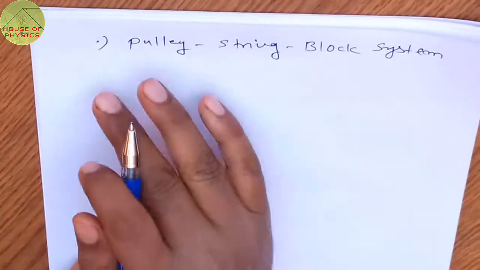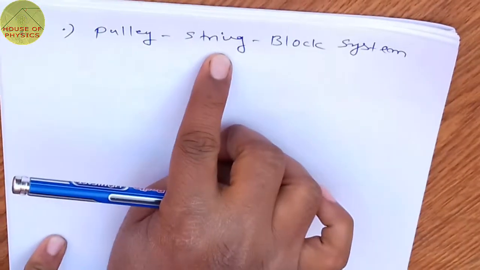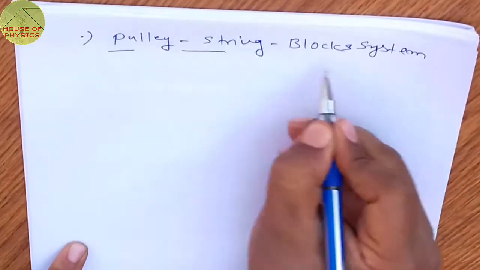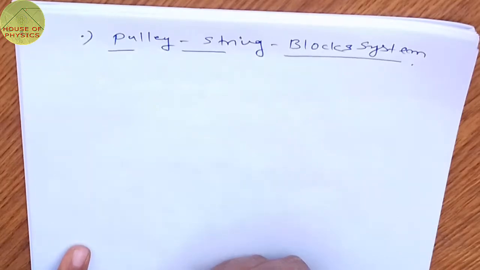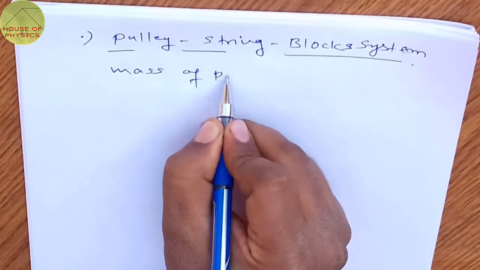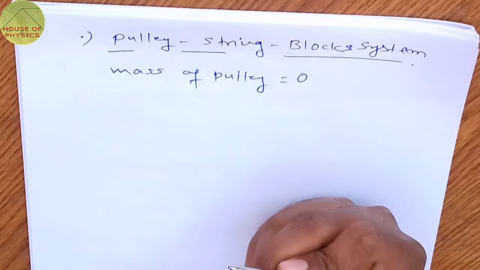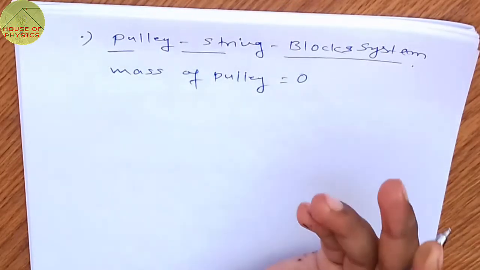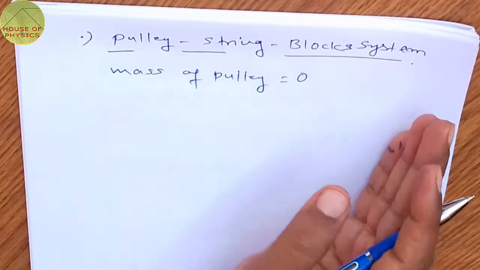Look out here. Again, this is three parts. So this is the combined part: the pulley attached with the string, and the string will be carrying different blocks. One assumption again here we need to take is that the mass of the pulley is 0, in a similar manner to what we studied in the previous session, that the mass of the string is 0.